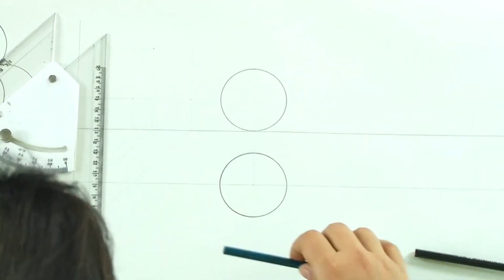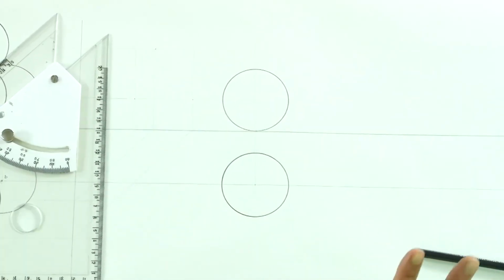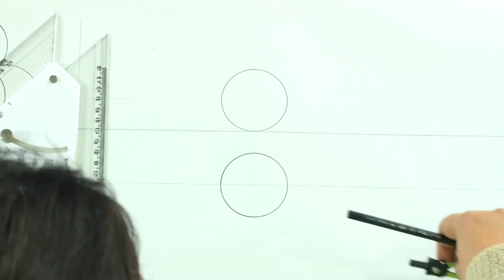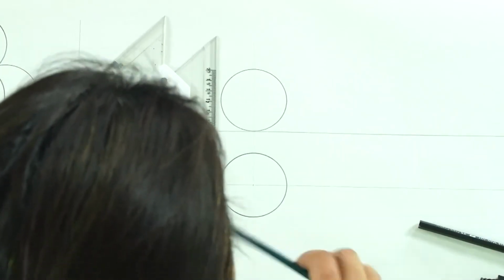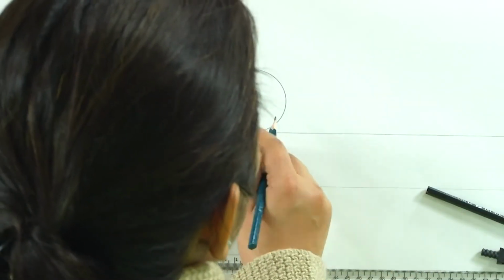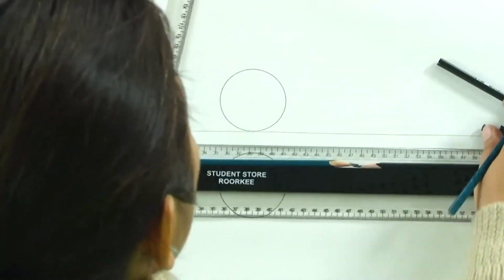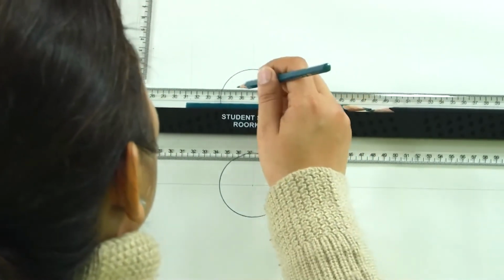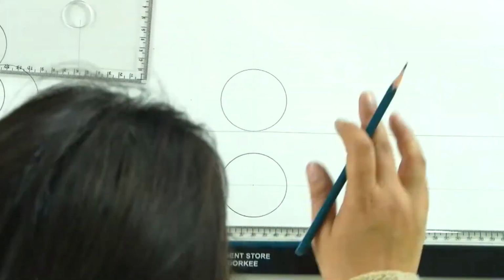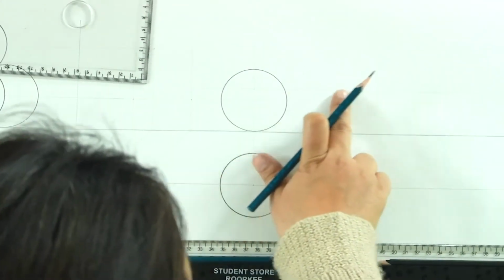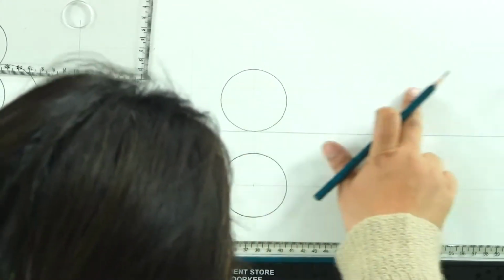So, we know that. Now, assuming that the bigger sphere actually has a radius of 3 centimeters, we will have the center of the bigger sphere passing through a line which is at 3 centimeters above the ground. So, we know that the center of the bigger sphere is definitely lying somewhere here.